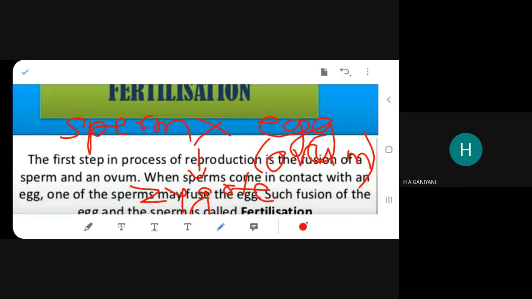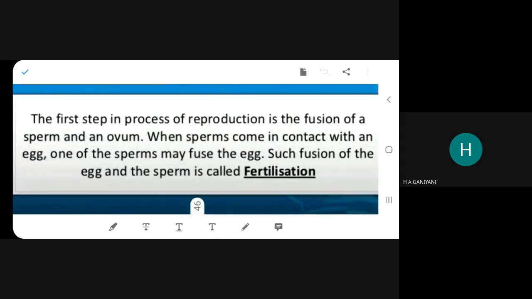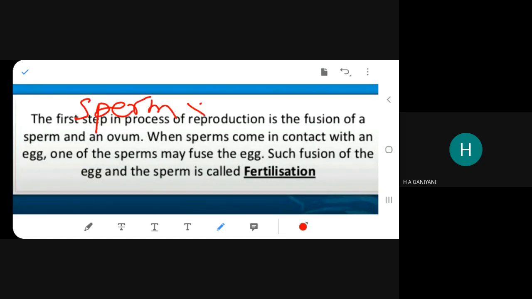Okay, fine. All of you understood? So I redo it again. Sperm fuses with ovum. What is the other name of ovum? Can anyone tell me?